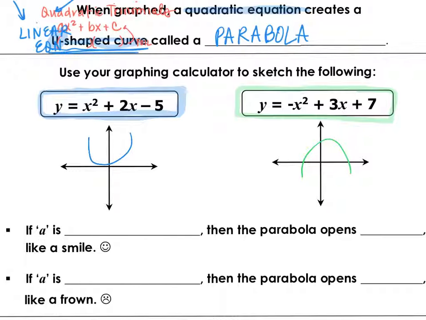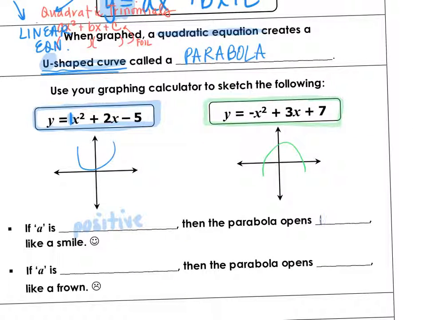So your A term in the first equation was positive, because in this case your A was 1 in the blue one. If A is positive, then the parabola opens upward like a smile. If A is negative, and here our A is negative 1, then our parabola is going to open downward like a sad face.